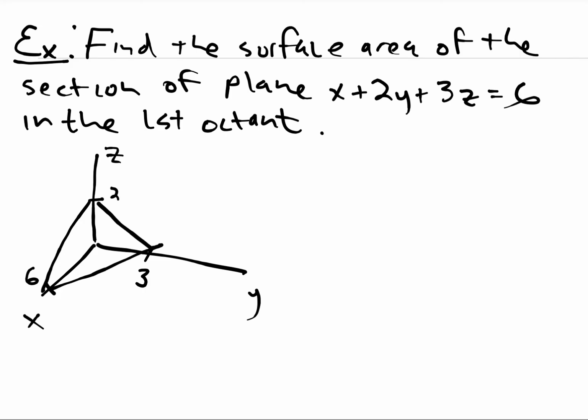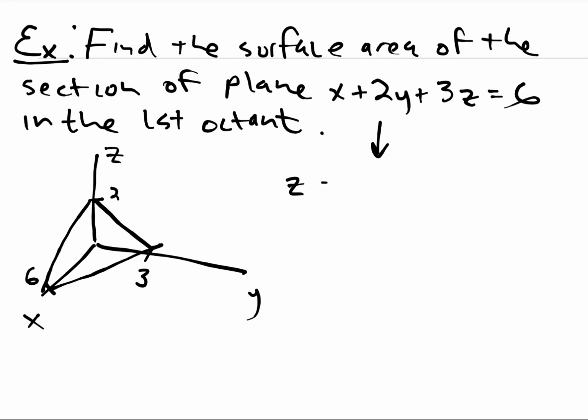Okay, so really what I want is my surface area of that triangle set up as an integral. Now, comment, this is not expressed as a z equals f of xy expression right now, so I can go ahead and fix that.